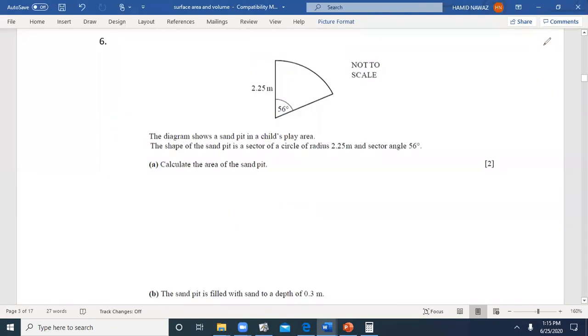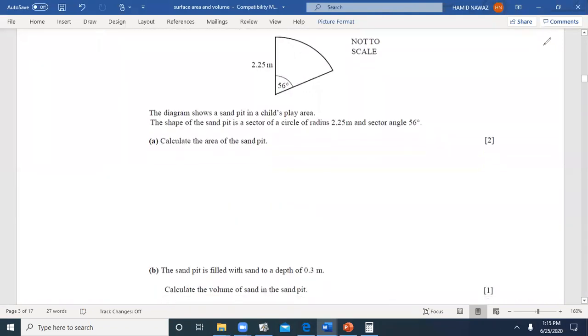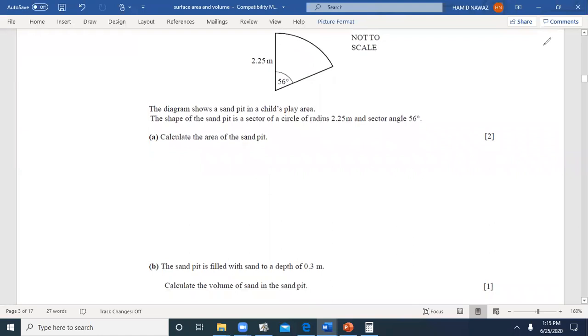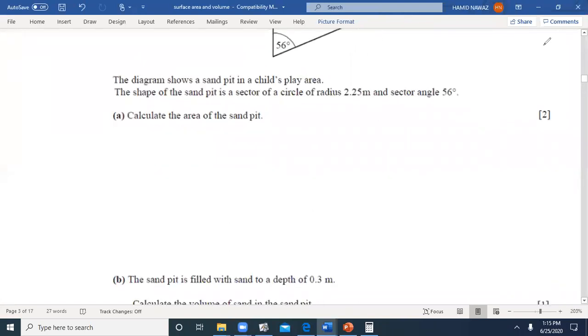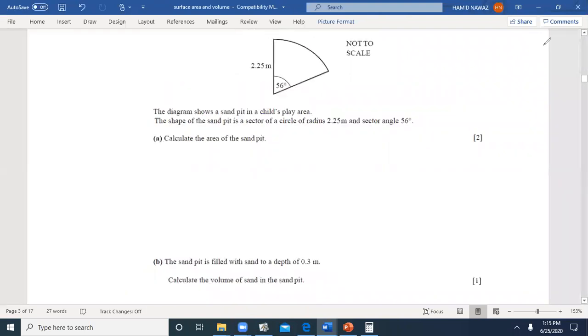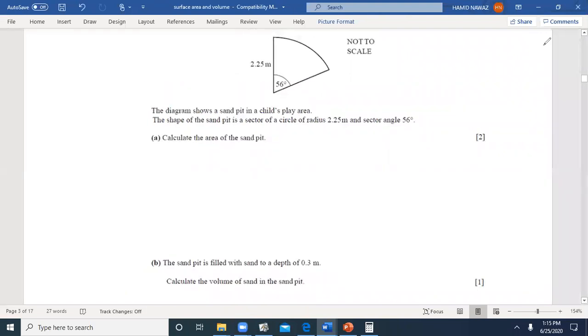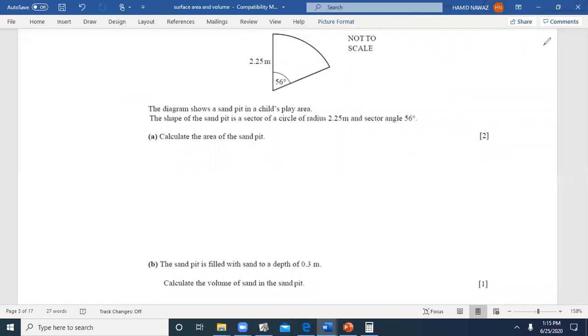This is easy, but actually there is the second part. Can anybody tell me how to do part A? We did this before. Who can do part A for me, please?